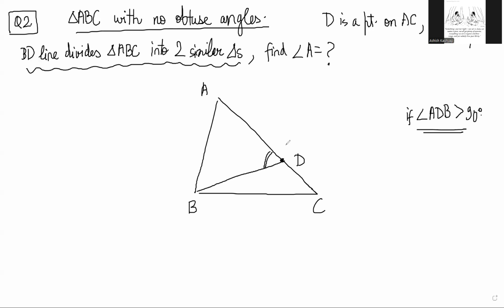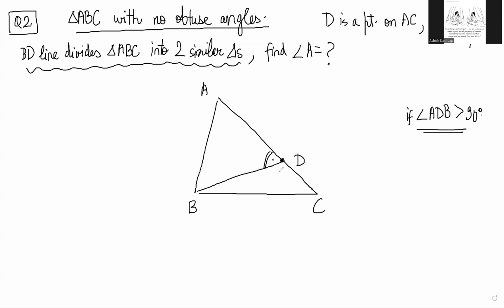If this angle is bigger than 90, then it is going to be the sum of the other two angles, and the third angle is smaller than 90. This does not make sense. This doesn't seem like it's possible for them to be similar.